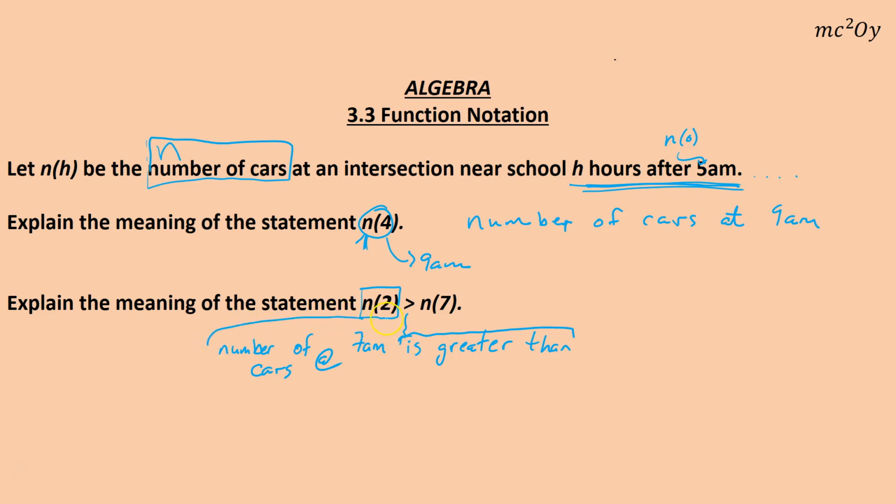This would be this piece. And then you'd have this chunk right here. That would be the number of cars at, well, 7 hours past 5 a.m. is 12 noon. So at noon.